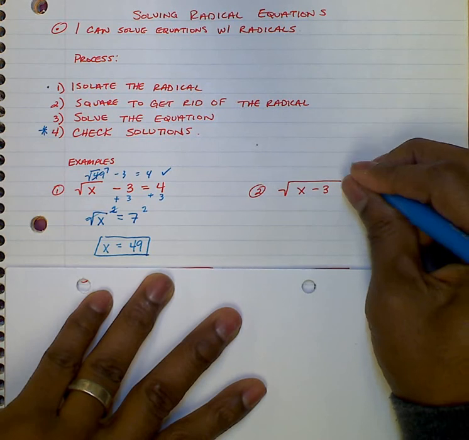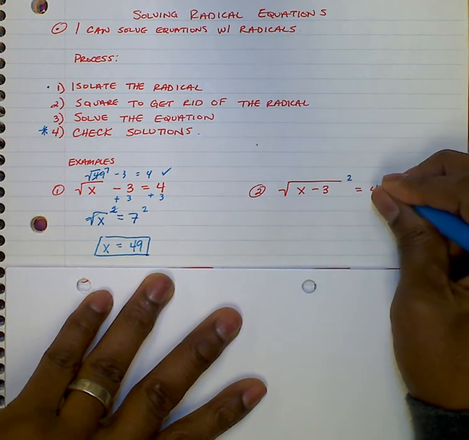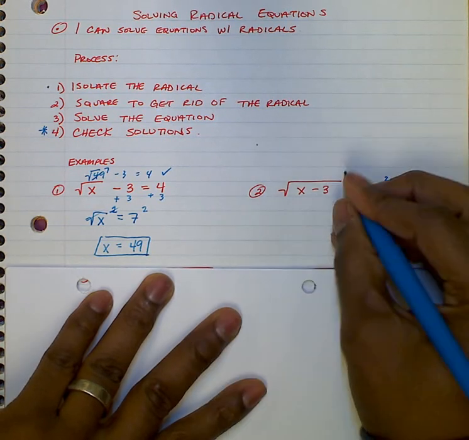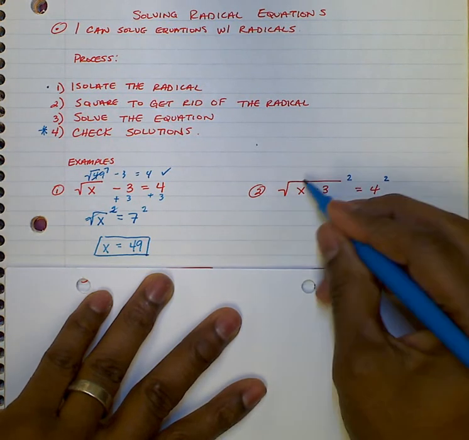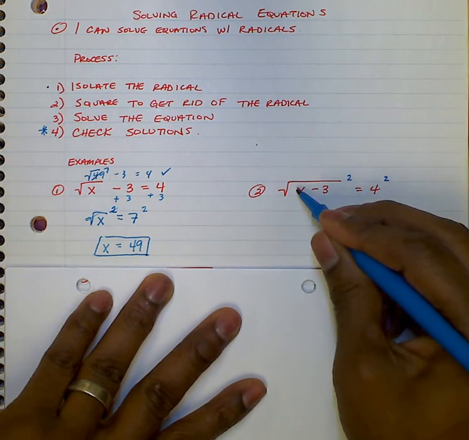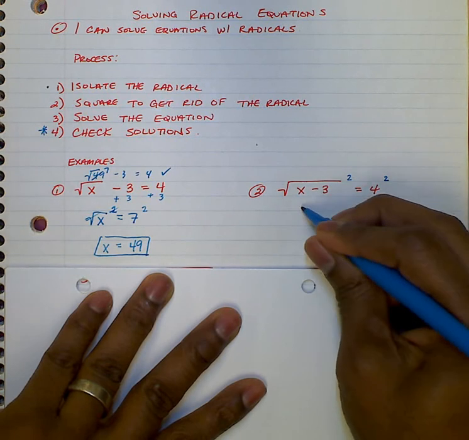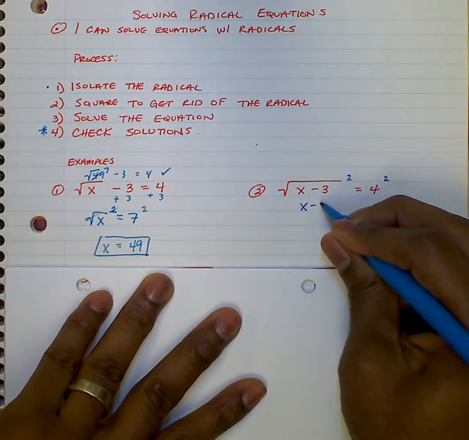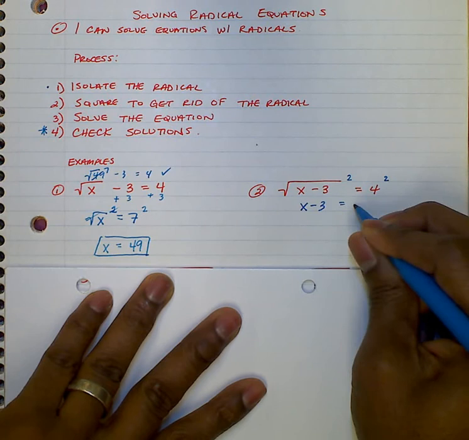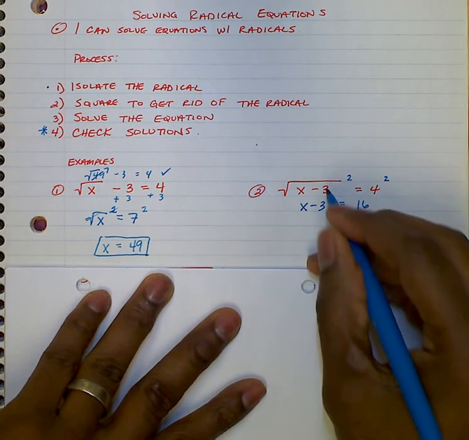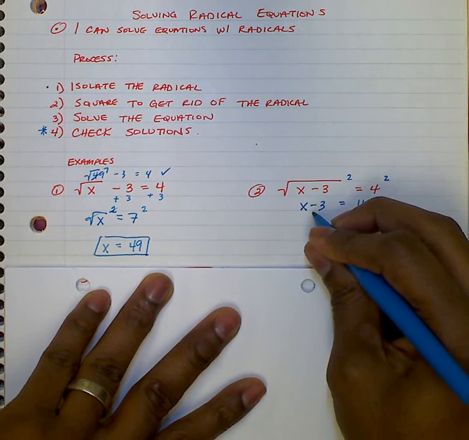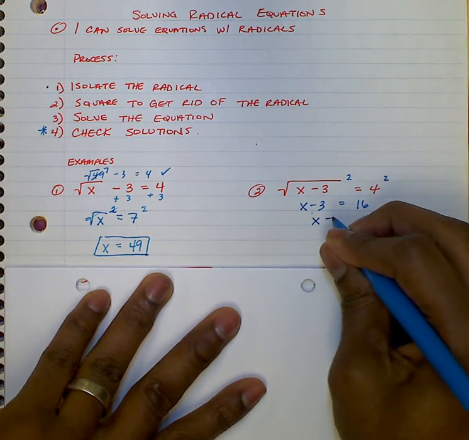When we square both sides here, the square root of anything squared, or the square of anything square rooted, cancels this out. So we have x minus 3 equals 16. Solve for x, we'll add 3 to both sides, and so x equals 19.